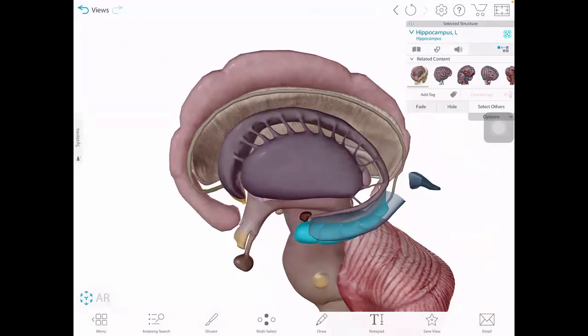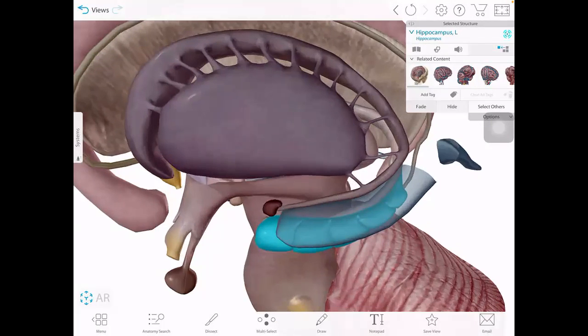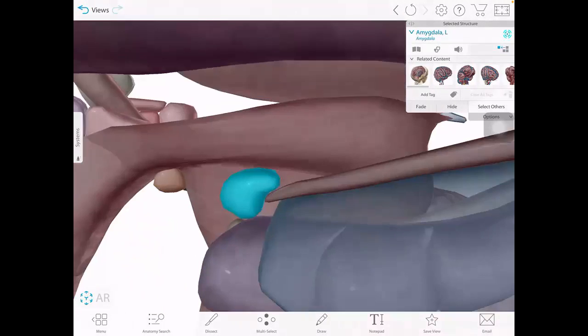Where is the amygdala? Can you see the amygdala anywhere here? Is it visible? Yes.